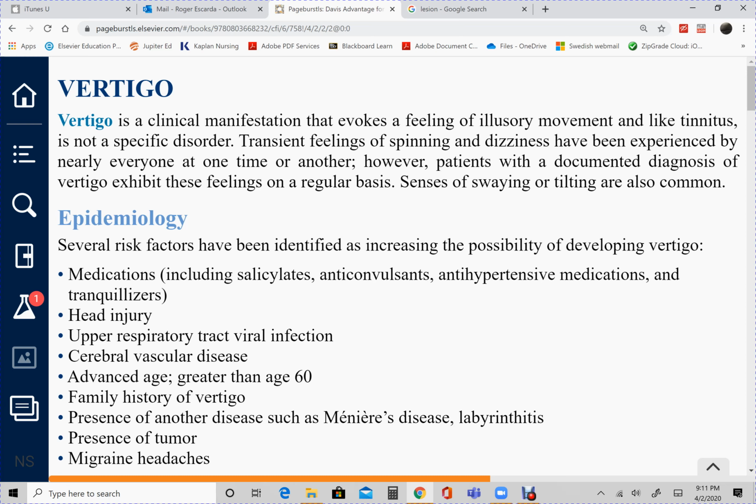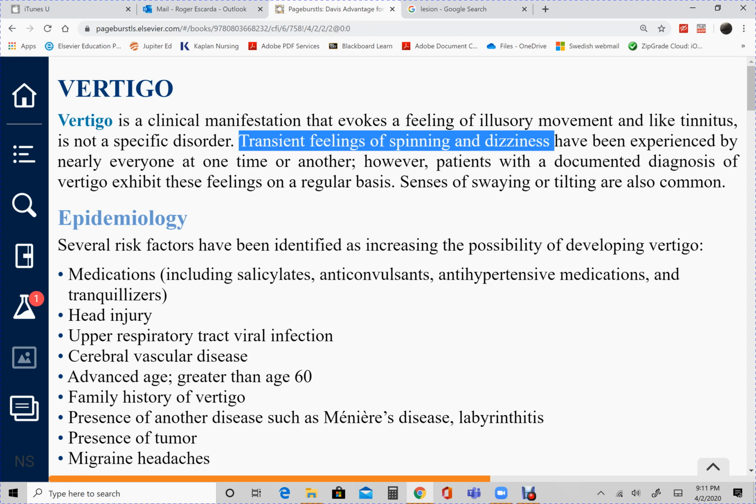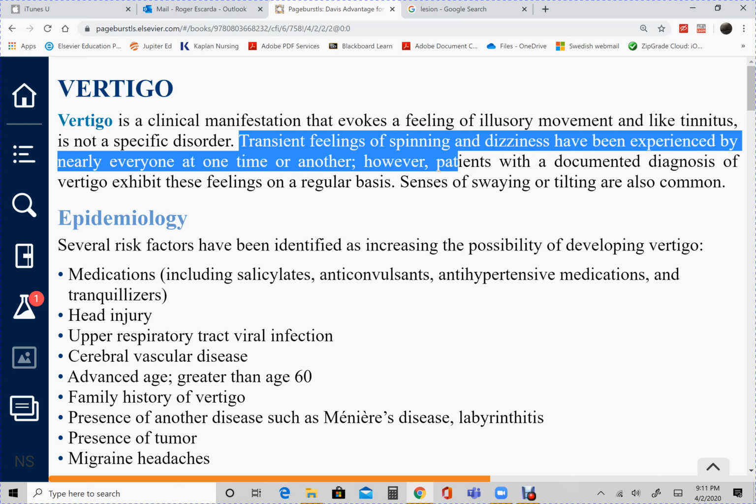So this is a transient feeling of spinning and dizziness. But for these patients, though, if it is a primary disease, then this would be very frequent. This can be debilitating. I mean, how can you go to work with this disorder?